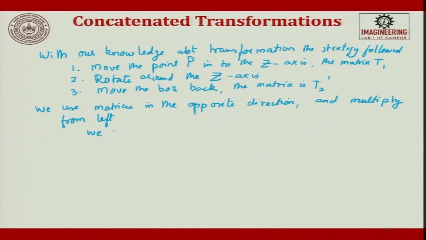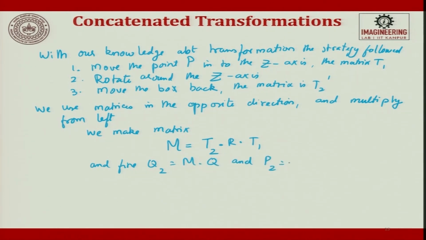So, we make matrix M equal to T2 R into T1, and find Q2 equal to M cross Q and P2 equal to M cross P.